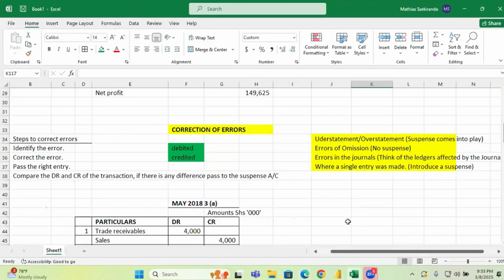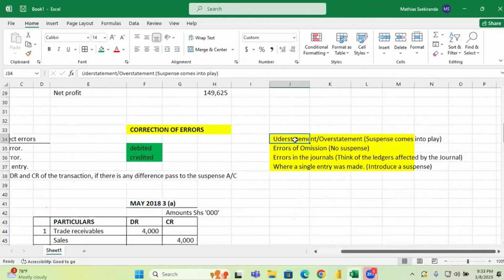For example, sales journal was undercasted, so you don't go back to the other guiding principle of understatement and overstatement. Is that correct?